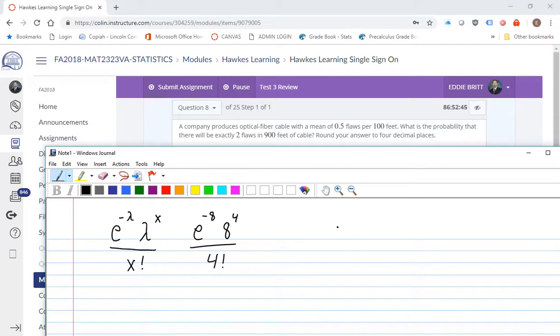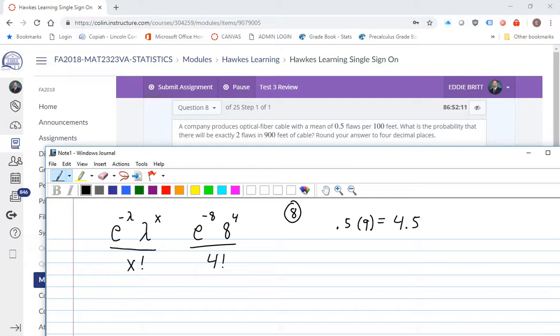So for question 8, we have 0.5 per 100, and we have 900 of cable, then that means that we're going to have, on average, 4.5, if we multiply that together, flaws per 900.